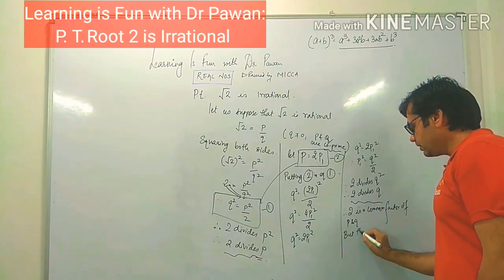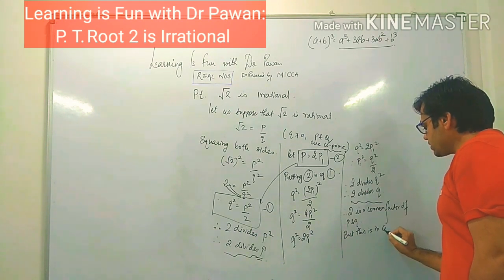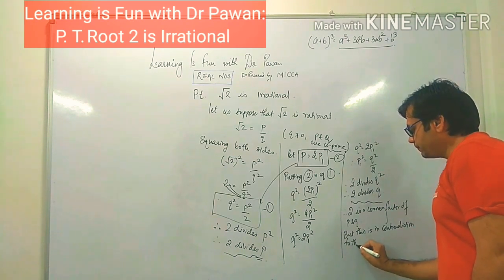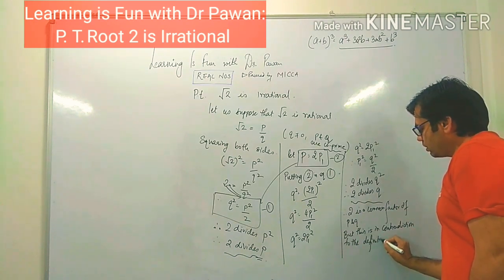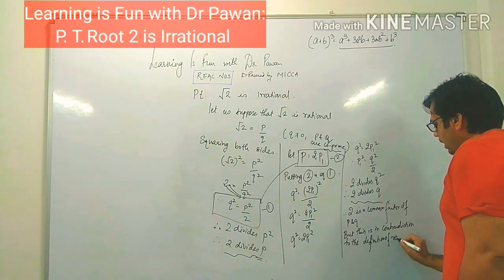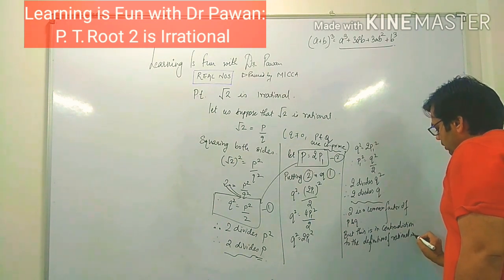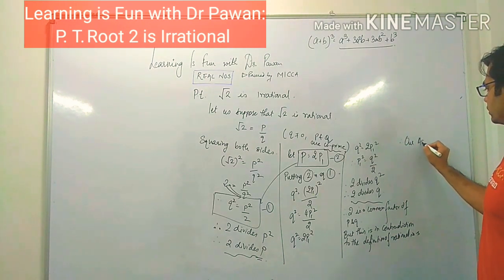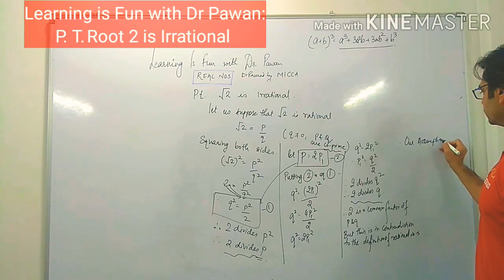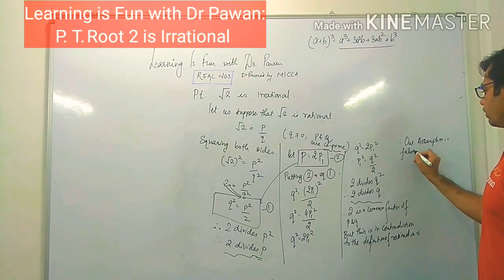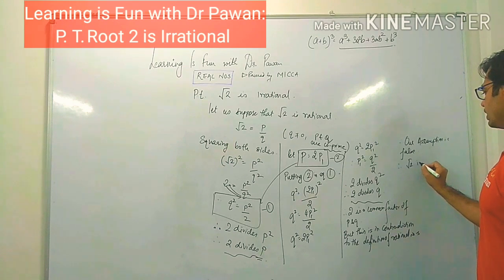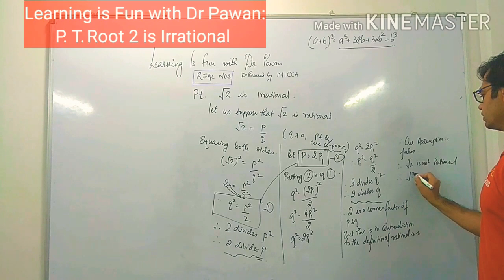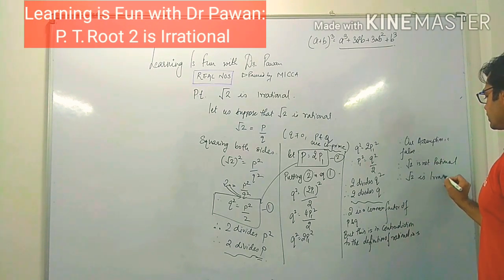But this is in contradiction to the definition of rational numbers. Therefore, our assumption is false. Therefore, root 2 is not rational. Therefore, root 2 is irrational.